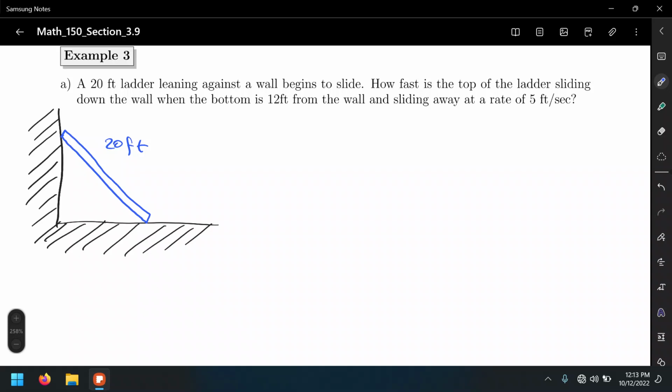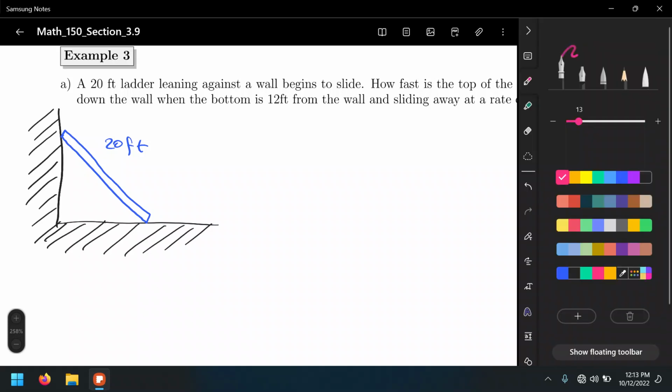All right. So this is the situation. The ladder is going to slide down vertically, and consequently, the fact that this height reduces is going to make this horizontal distance increase. So that's the situation here.